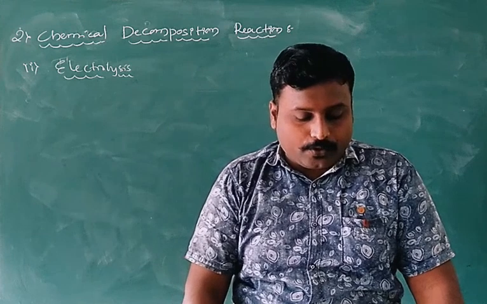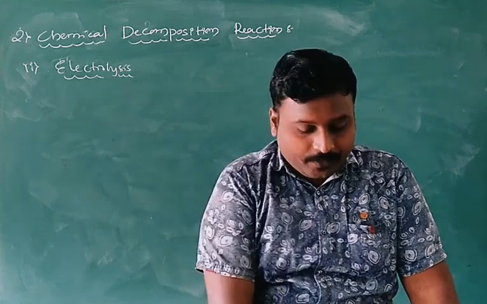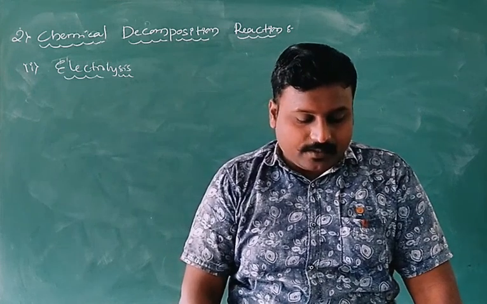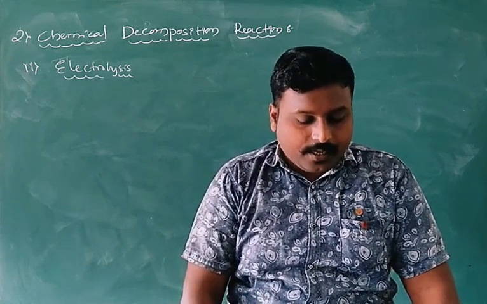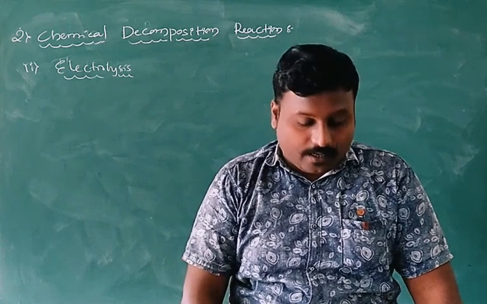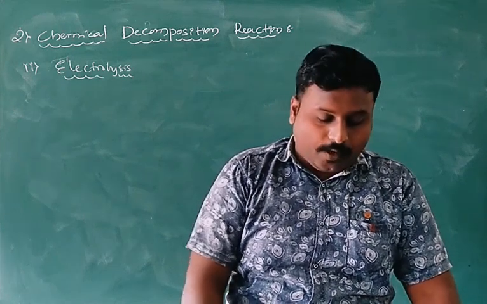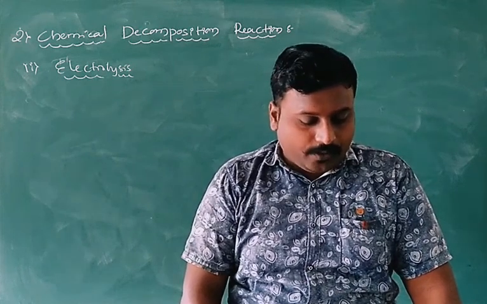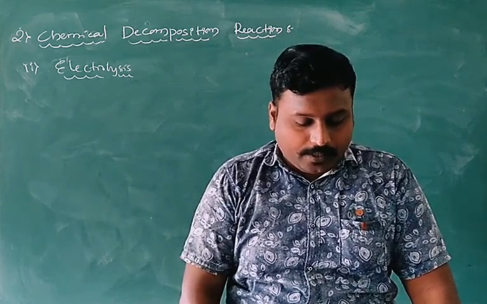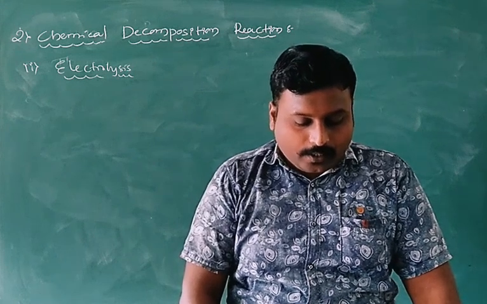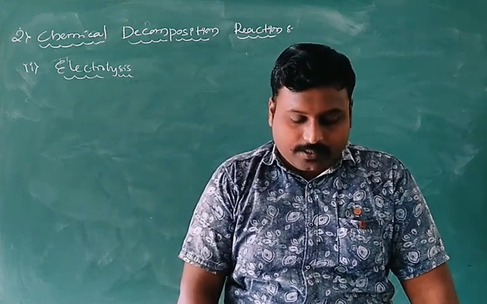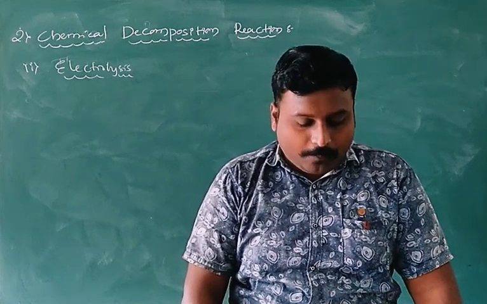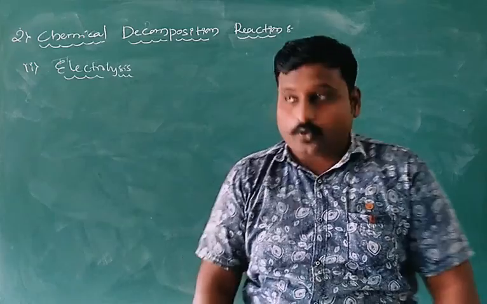Connect these electrodes to a 6-volt battery. Fill the mug with water such that the electrodes are immersed. Add a few drops of dilute sulfuric acid to the water. Take 2 test tubes filled with water and invert them over the 2 carbon electrodes. Switch on the current and leave the apparatus undisturbed for some time. You will observe the formation of bubbles at both the electrodes.